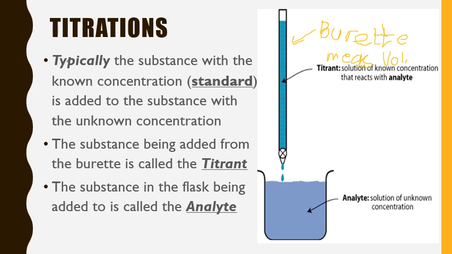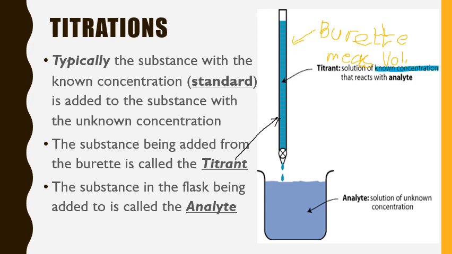But when we're working with it, the substance that's inside that burette is what's called the titrant. That is the thing that we actually know the concentration of. That's kind of a key here.